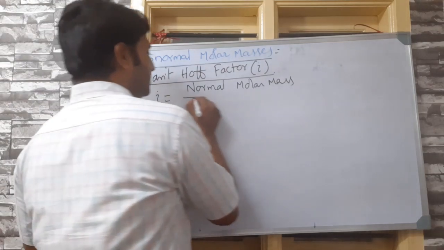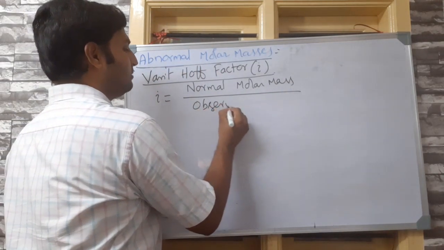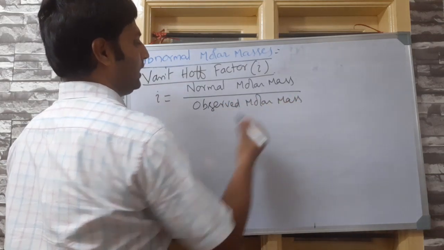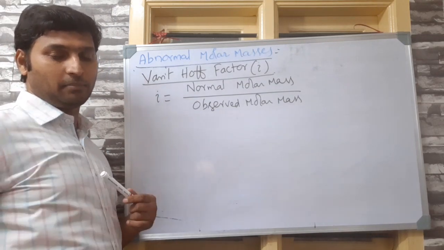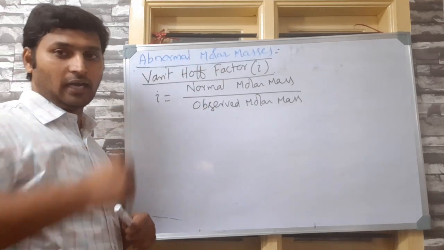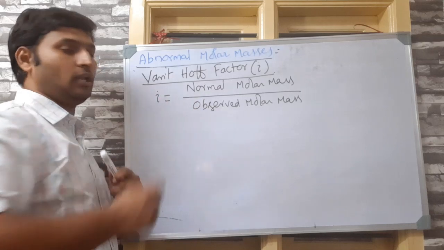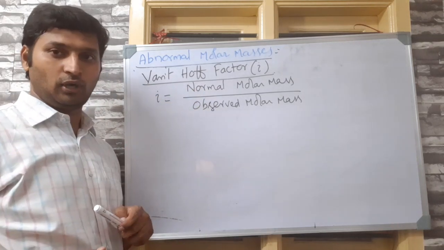Normal molar mass or expected molar mass divided by observed molar mass, the molar mass observed from colligative properties. Say for example, for KCl it might come 37.25, for acetic acid in benzene it might come 120, etc. So normal molar mass divided by observed molar mass.